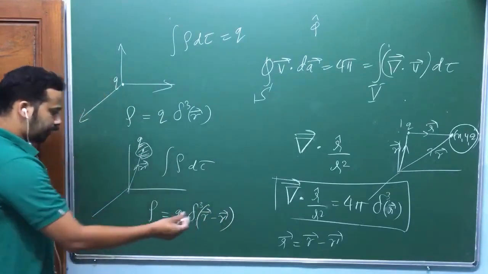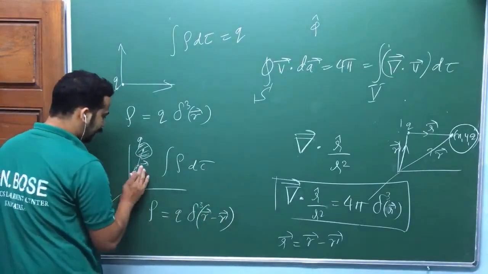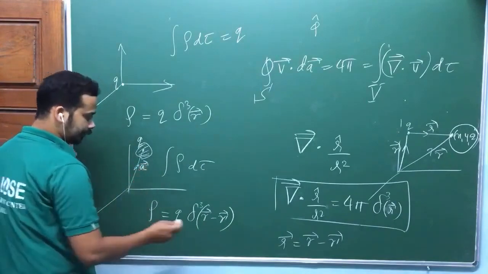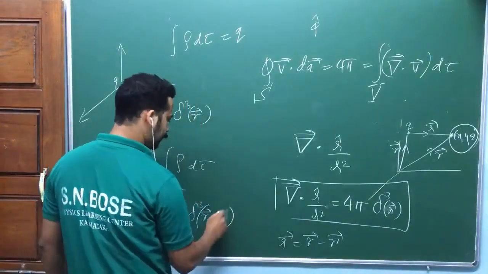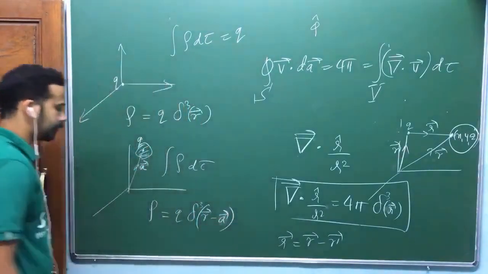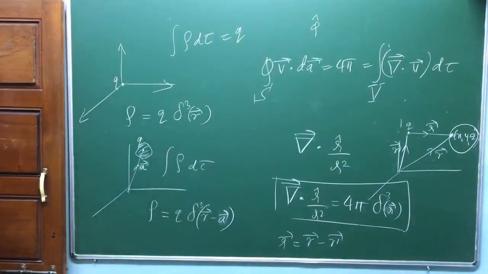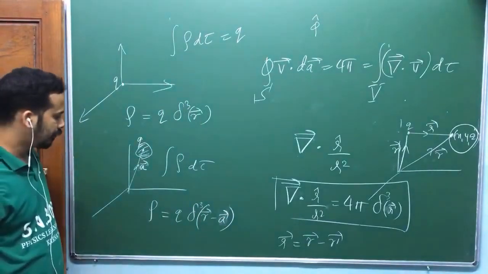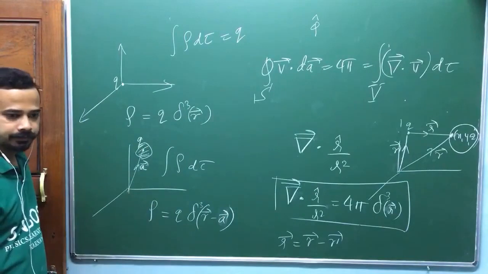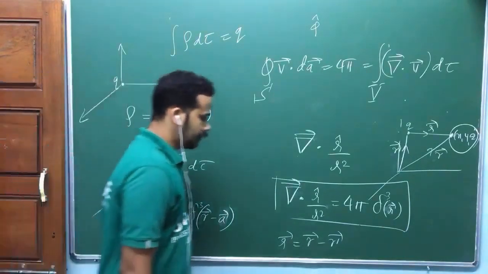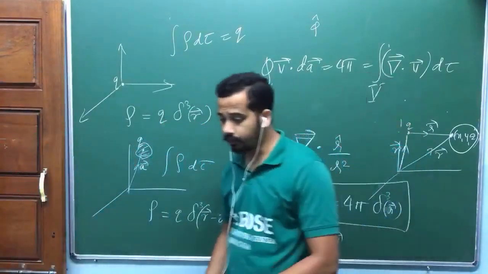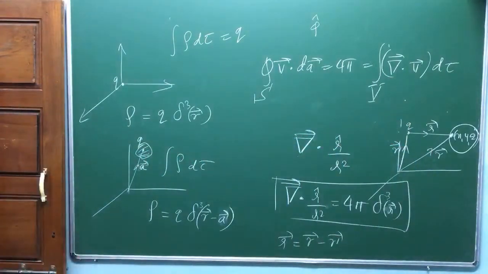So just write it as vector a, then write it as r prime. Again, in case of electrostatics, we write it as r prime, isn't it? Is that okay? This is how you define a point charge. So have some idea. There are some questions which will give you these ideas, okay?